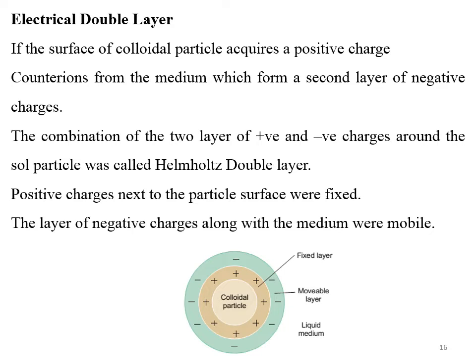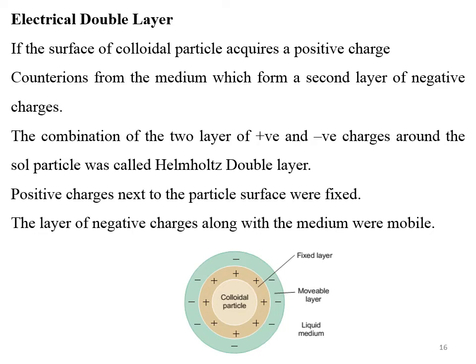This combination of the two layers of positive and negative charges around the sol particle is called the Helmholtz double layer. Helmholtz thought that the positive charges next to the particle surface were fixed, while the layer of negative charges along with the medium was mobile.